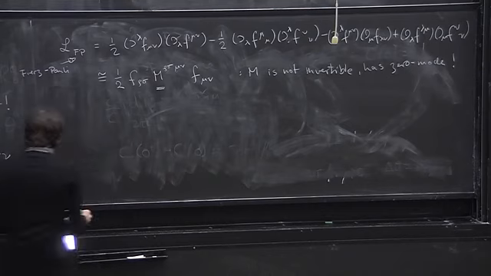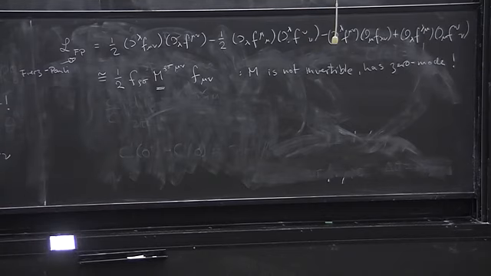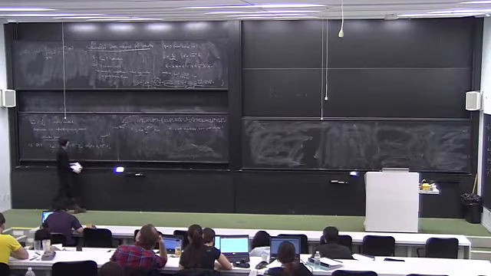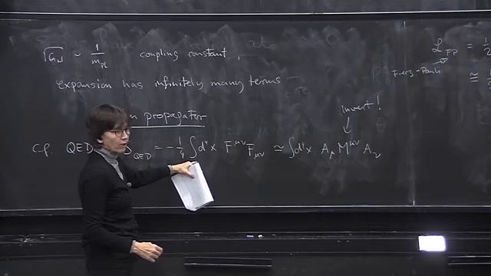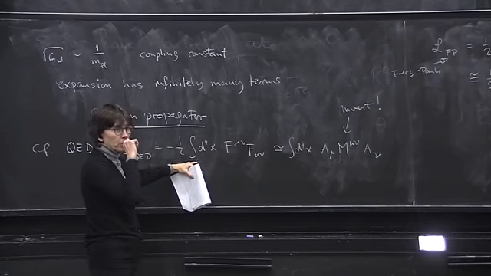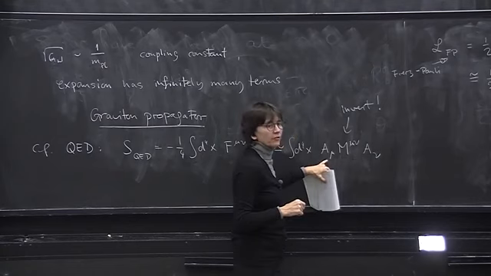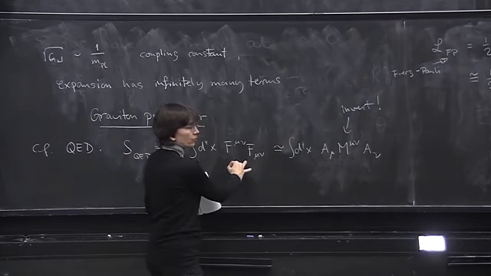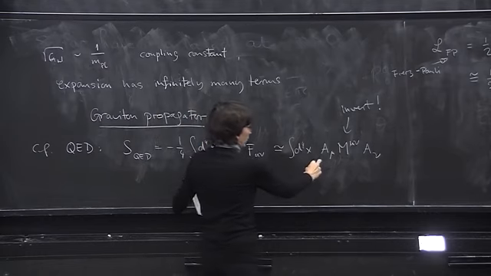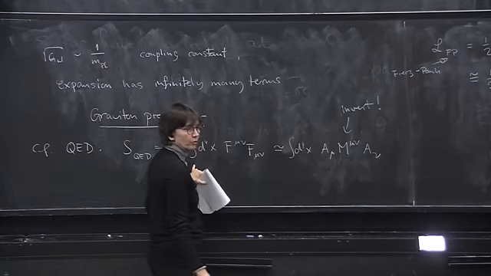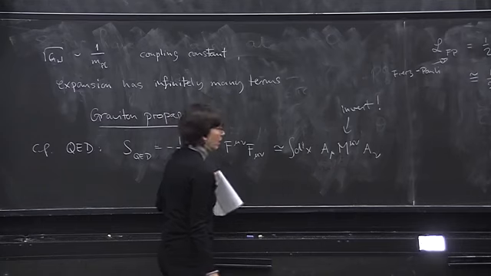Now, one way of dealing with it is to add another term to the Lagrangian, which in this case breaks the U(1) invariance this theory has. So this has a local U(1) invariance under which these A mu fields transform.